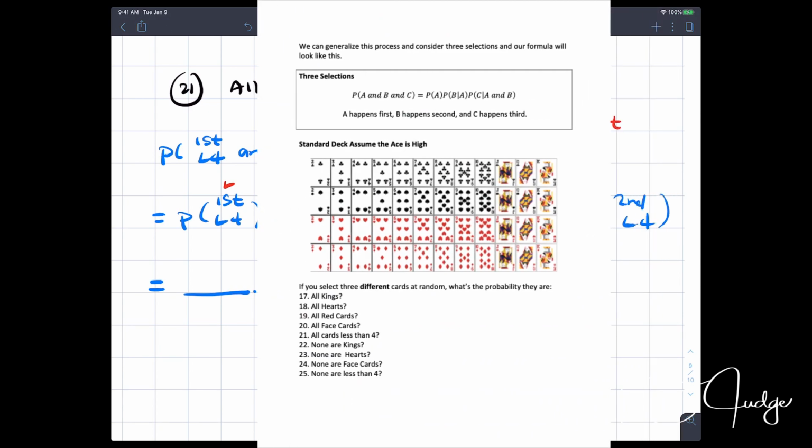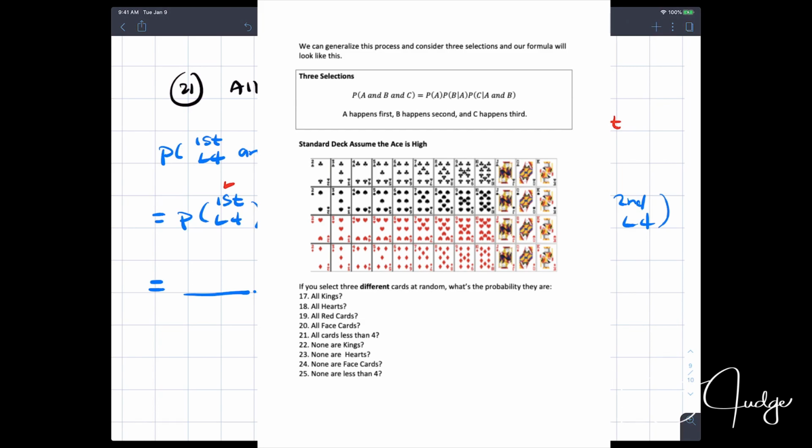So since the ace is high, that's counted as higher than a king. So being less than 4 is strictly smaller than 4. Which cards are smaller than 4? The 2 and the 3. Is that right? 4 is equal to 4. Don't include 4. People do, but don't do it. Less than 4 is strictly smaller.